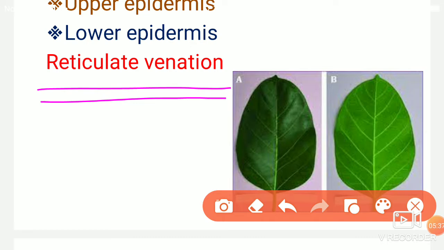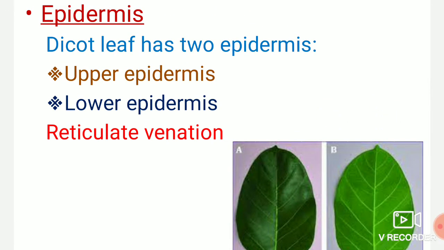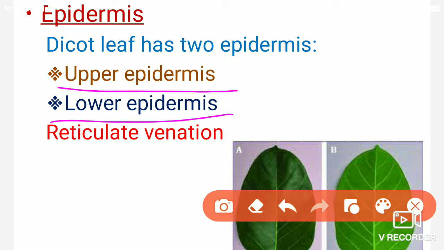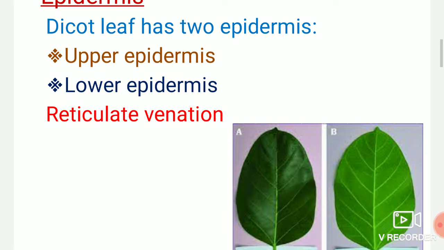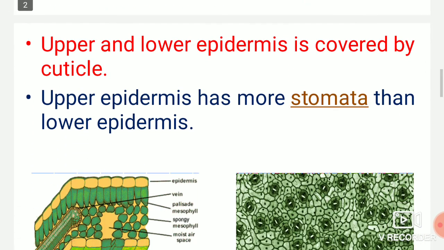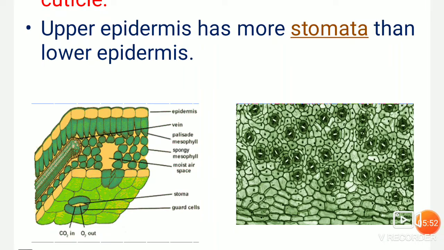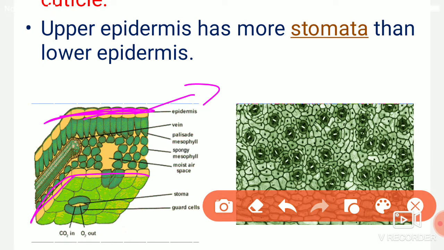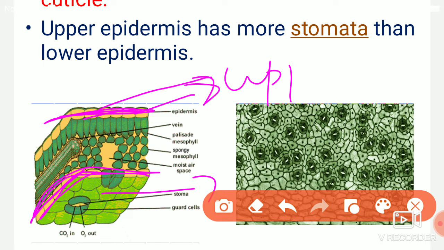I already explained the epidermis has two types, upper epidermis and lower epidermis. What does the epidermis consist of? Of course, the epidermis consists of epidermal cells. You can see here, this is the upper epidermis and this is the lower epidermis.